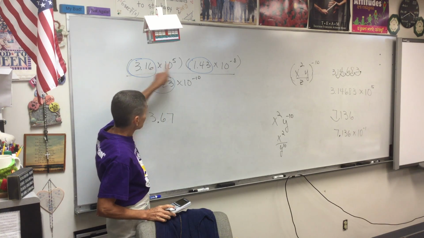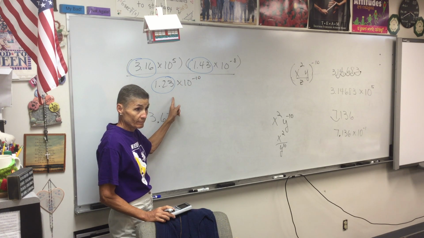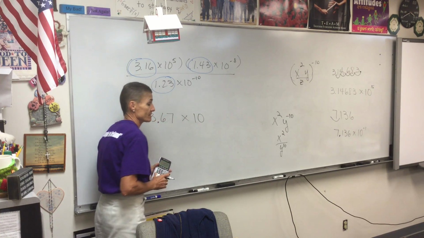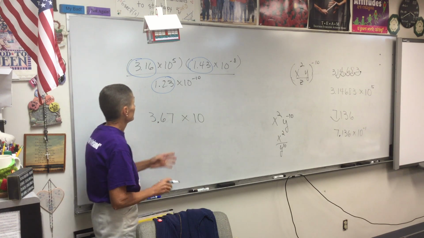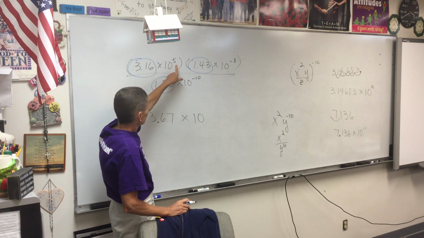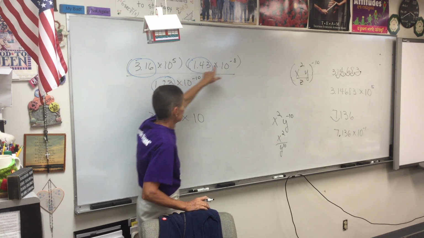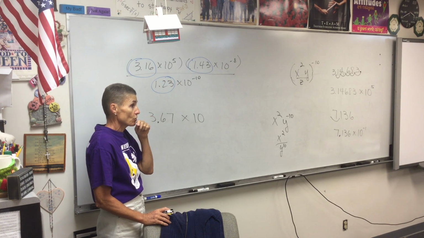Okay, so everybody understand? I'm multiplying these two, and I'm dividing this one. Now, what about the tens? What should I do with these two? What are your thoughts on that?